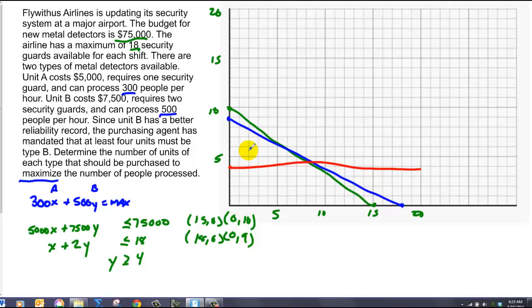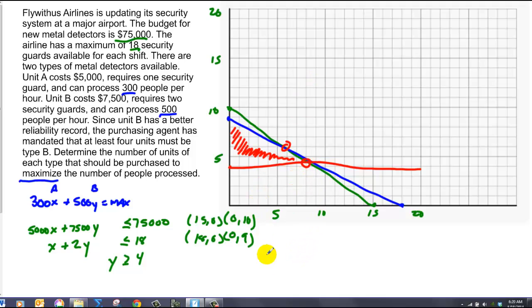These 2 are going to shade below, and this one will shade above, so it appears that my solution region is in this area here, which means I have to find an intersection point here, and it appears the green is above, so this guy right here.